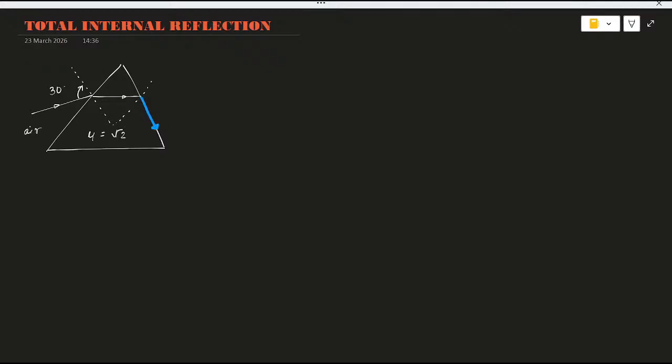So we actually need to evaluate the value of this angle A. For this question particularly, we need to find the value of A, Akash. So how to proceed with the solution?